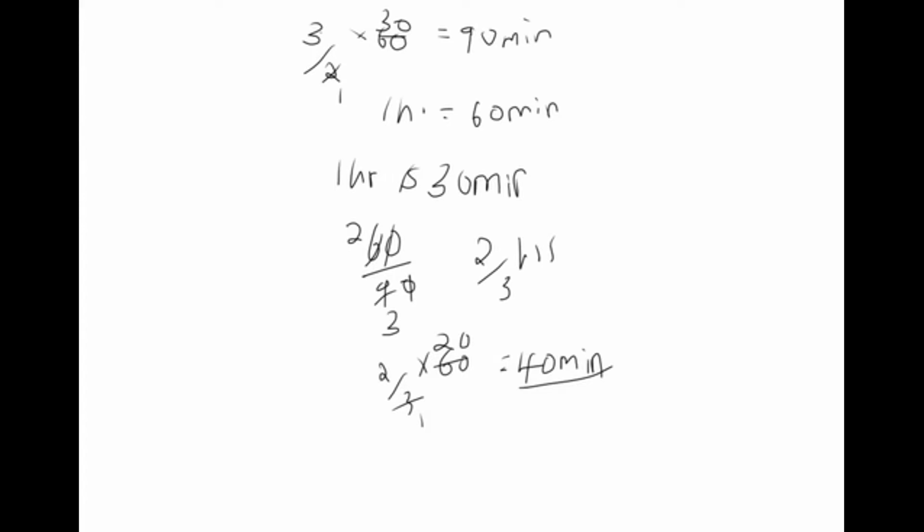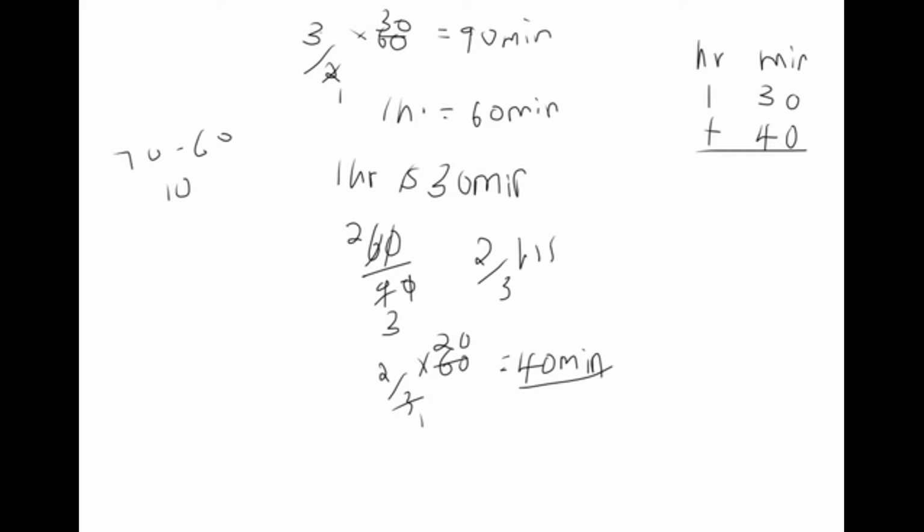Now we add the time, having hours and minutes. Here we have 1 hour 30 minutes. Then we have these 40 minutes. 30 plus 40, that is 70. 70 subtract 60, since 1 hour is 60 minutes, you get 10.